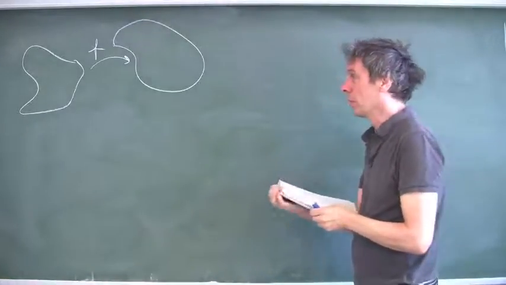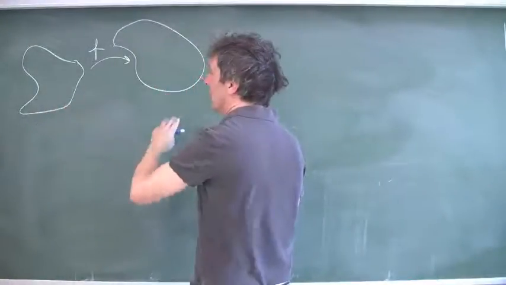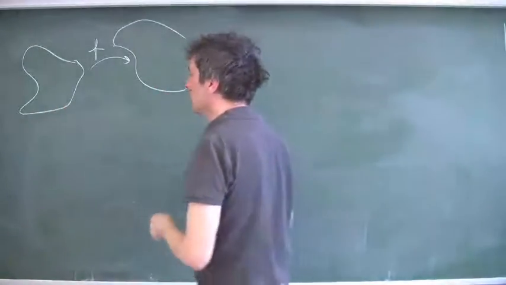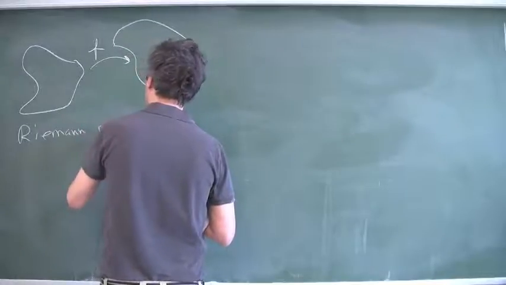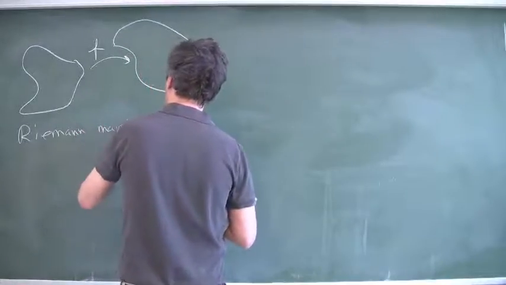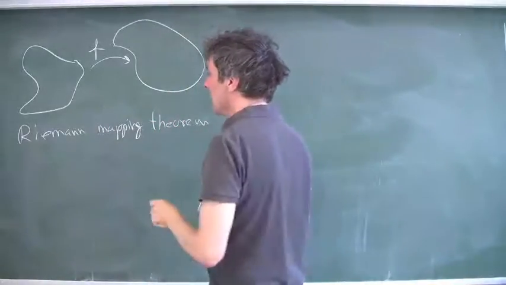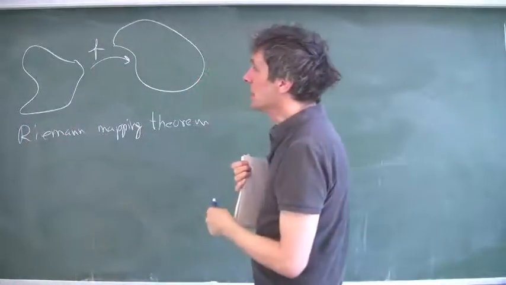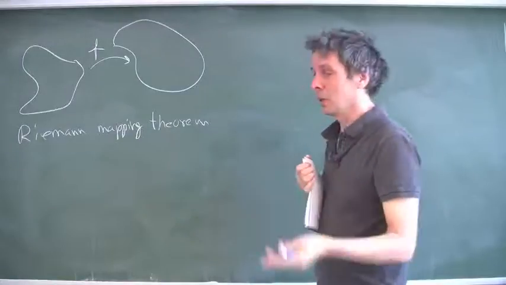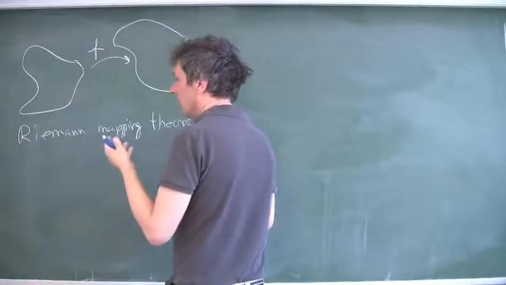for many theoretical purposes. For example, there is a very non-trivial theorem which is called the Riemann mapping theorem, which says that every simply connected set in the plane, except for the whole plane itself, is conformally equivalent to the unit disk.